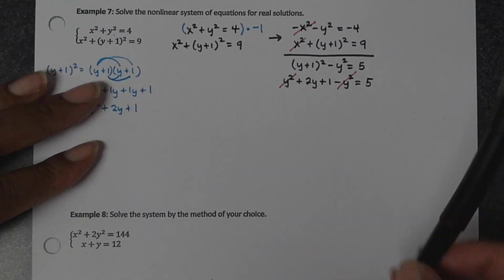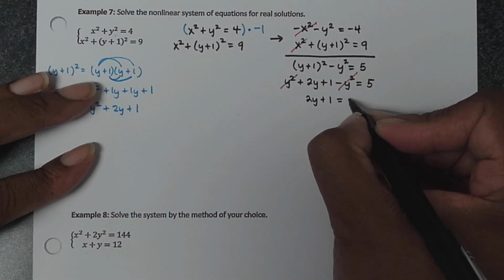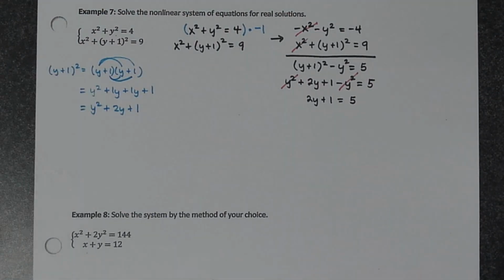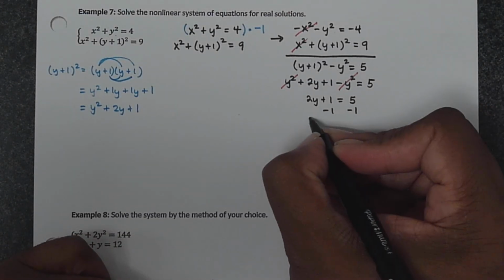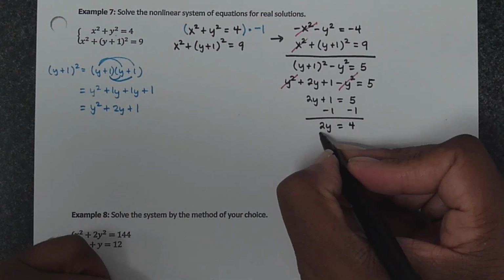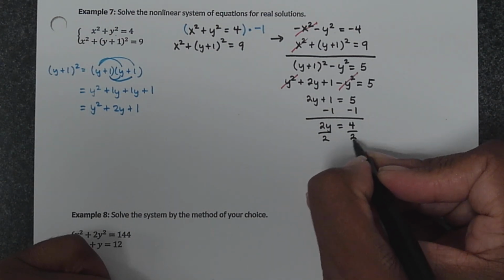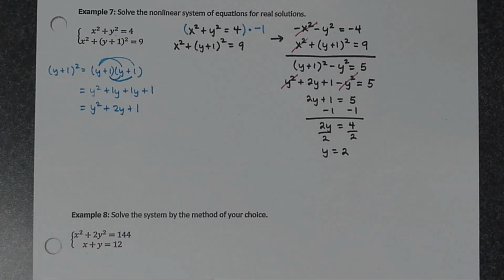The only thing left on the left side would be 2y plus 1 is equal to 5. To solve for y, I first subtract 1 on both sides, meaning that 2y is equal to 4. Divide both sides by 2. y is equal to 2.